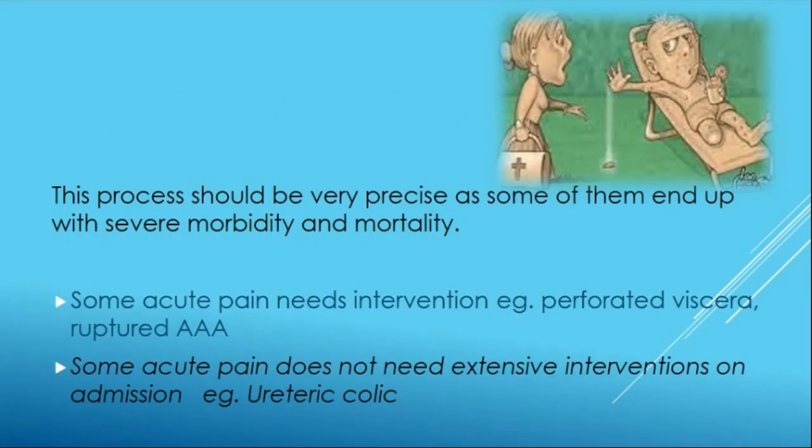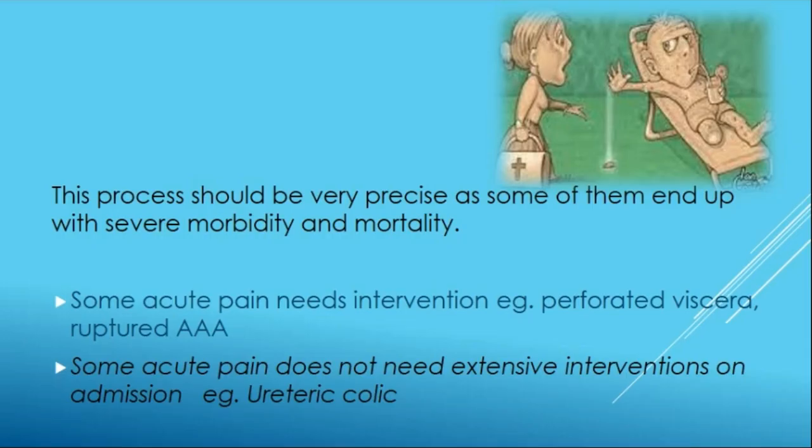This assessment process should be really precise. That is because sometimes we get very sick patients who end up in a really difficult scenario. Some of the patients might lead to severe morbidity and mortality. So because of that, our assessment should be very precise. Sometimes we get patients with acute abdomen who need urgent intervention as well as assessment, for example a perforated viscus or a ruptured abdominal aortic aneurysm.